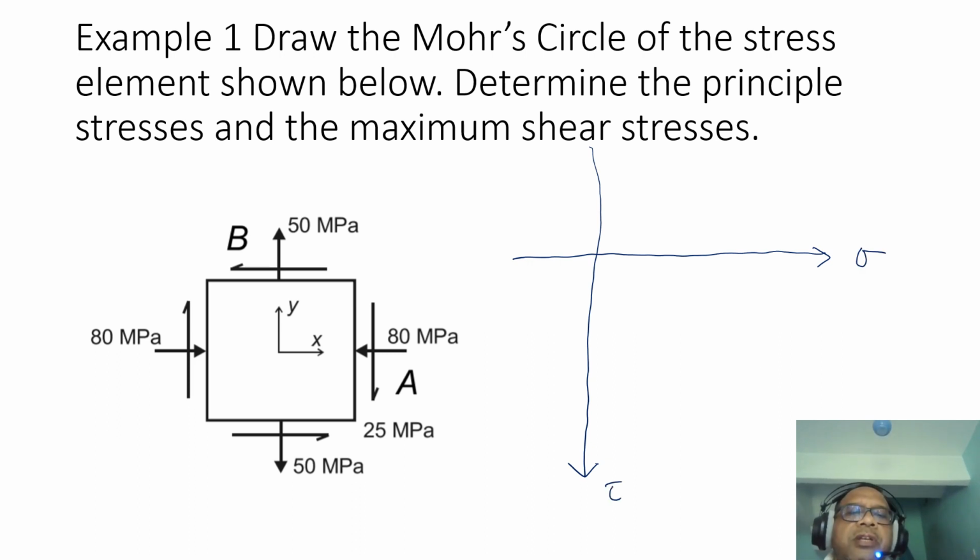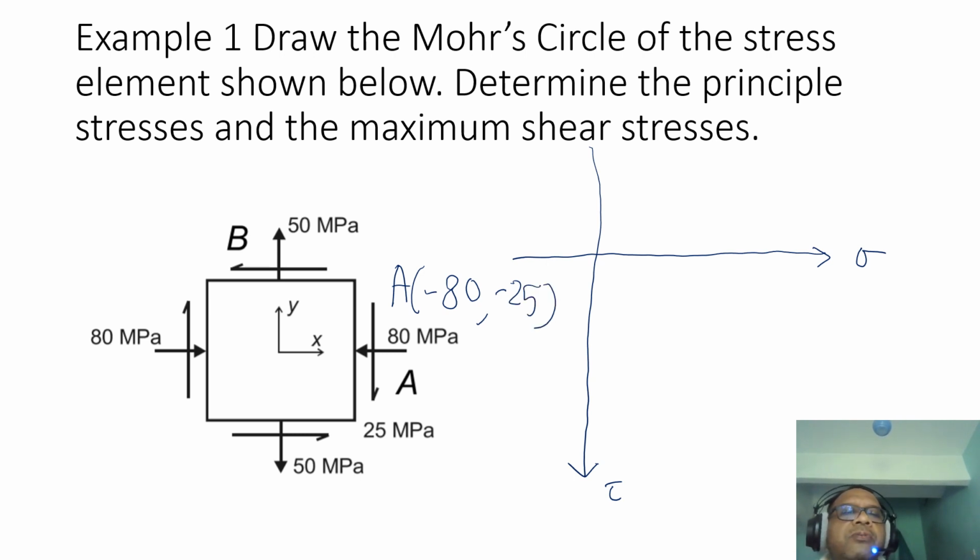So what is the coordinate of A? A is 80 compression, okay, and 25 in the clockwise direction. So I can say that A is minus 80 and also minus 25 because this is clockwise.